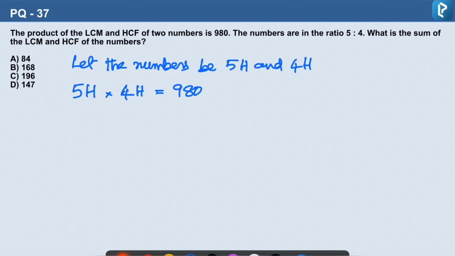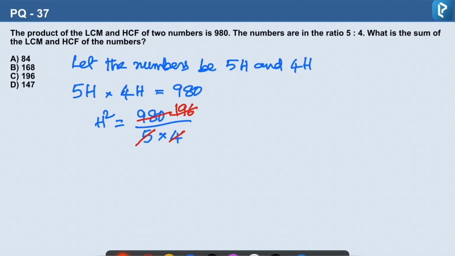This gives H into H, H square, is equal to 980 divided by 5 into 4. If you cancel it, 5 ones, then again 5 ones, 4 remains 48, 5 nines are 45, 3 remains 30, 5 sixes are 30.